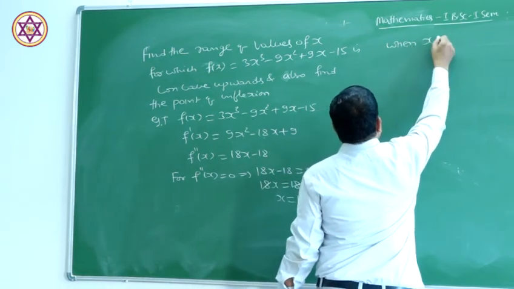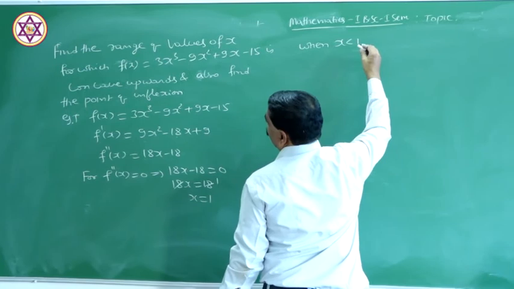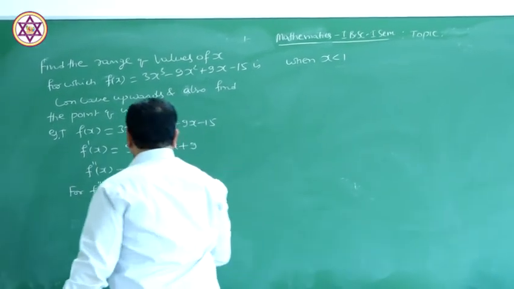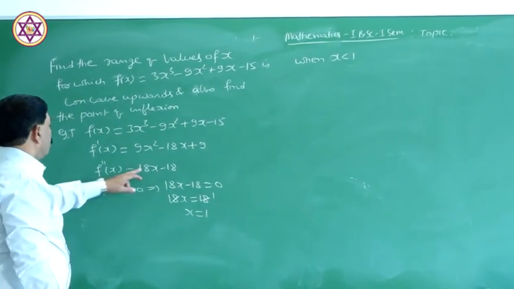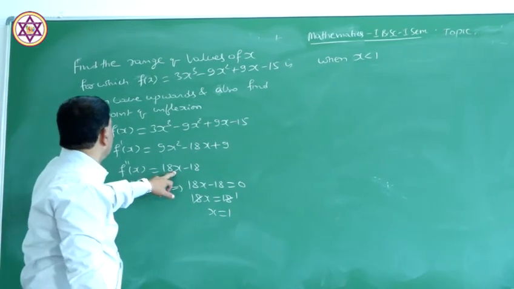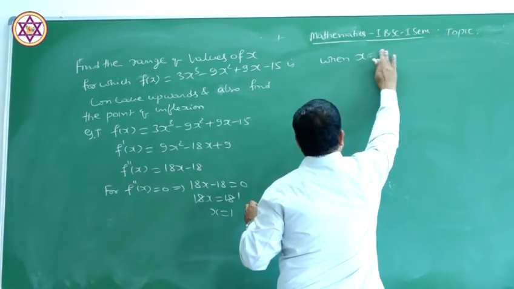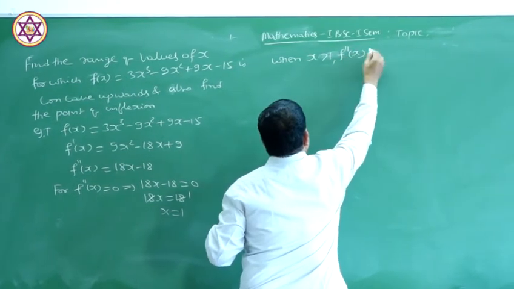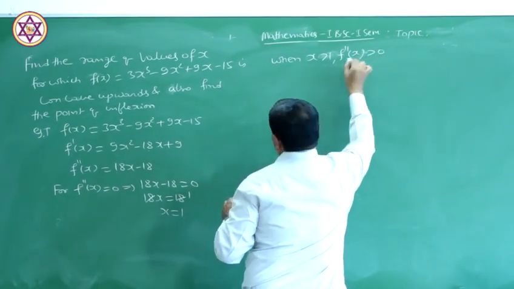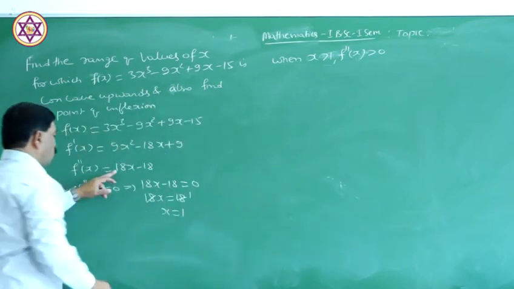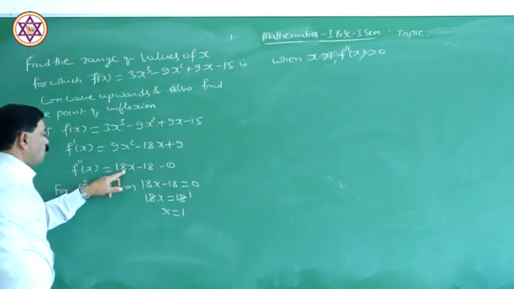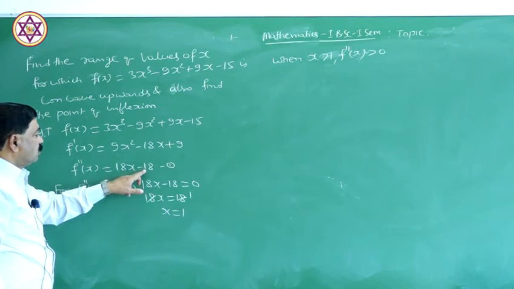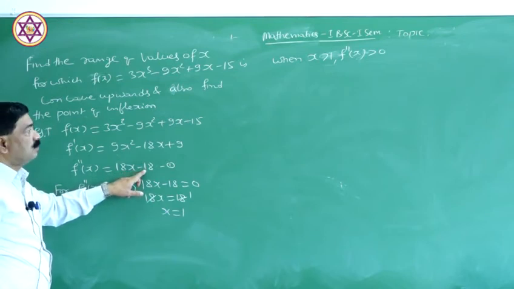Here I am considering when x is less than 1, we get negative. Here if we take x greater than 1, f double dash of x is greater than 0. Greater than 1 means take 2. If we take 2, 36 minus 18 means 18 itself, positive.